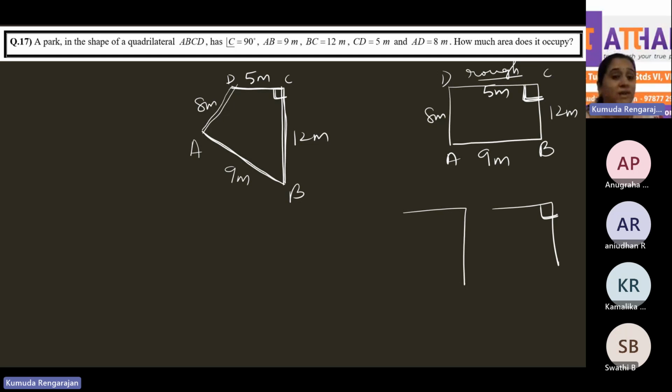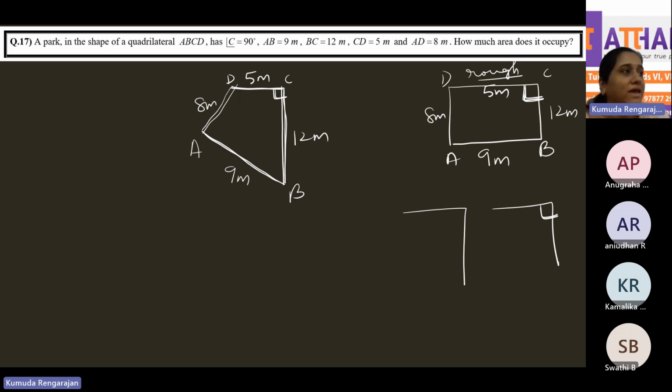You don't see the diagonal, meaning I have not joined the diagonals. But if you join, what will be the names of the diagonals? AC and BD.